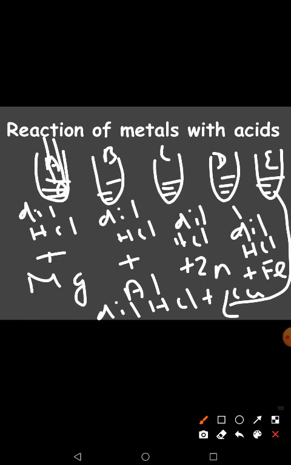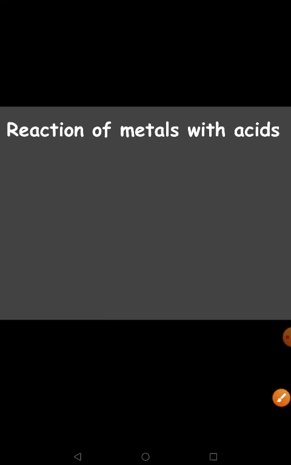In every test tube you will put a thermometer, ensuring the bulb is dipped well within the acid, and you have to make a note of the bubble formation and the temperature.